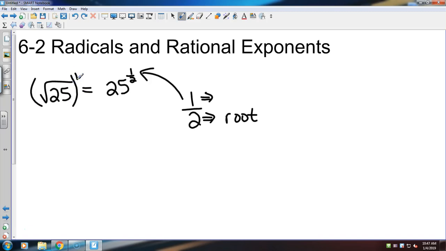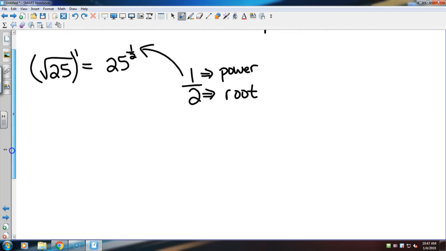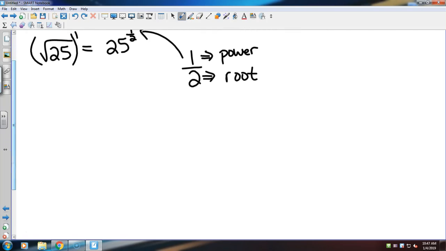And so the 1 is the power. So in the rational expression, the 1 is the power, the 2 is the root. So using that same philosophy, if I were finding the cubed root of 27, I would rewrite that as 27 to the 1/3 power.